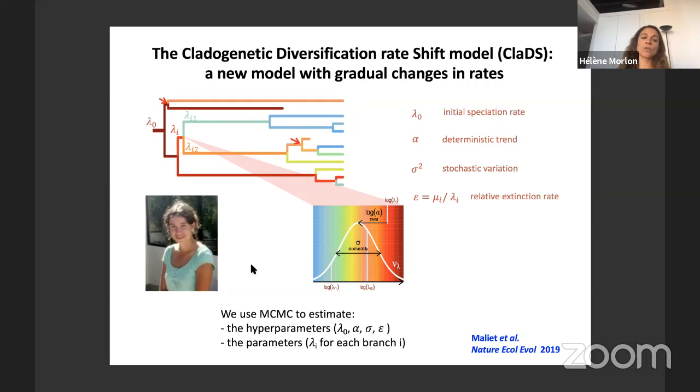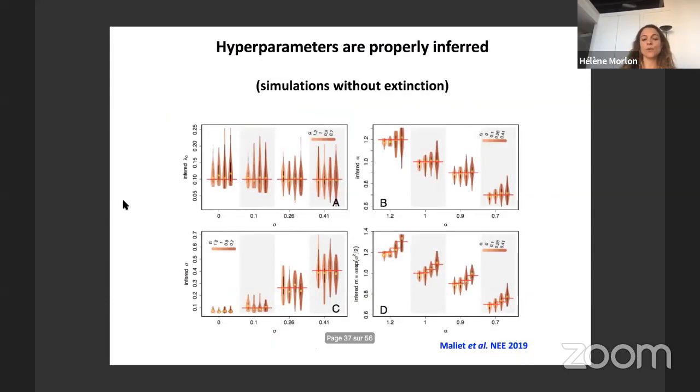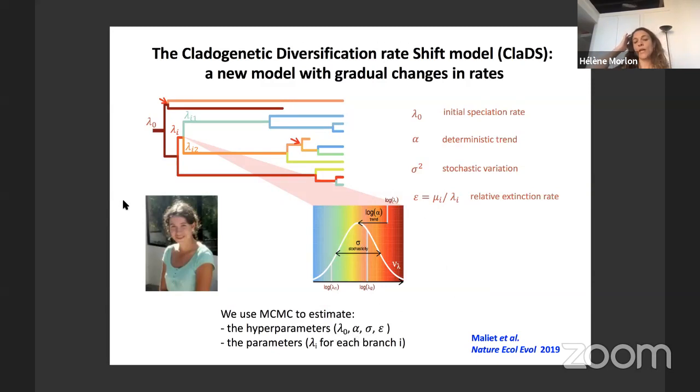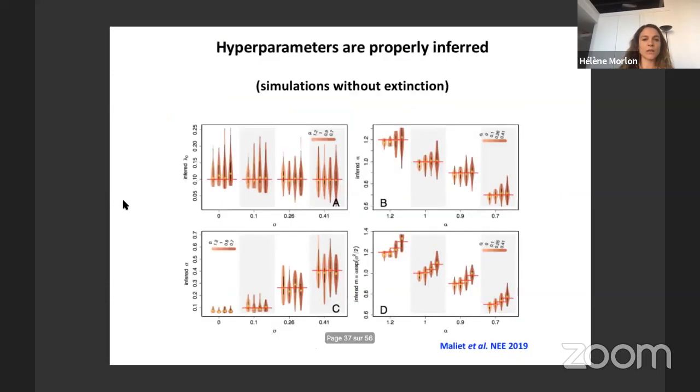And we can use MCMC to estimate these hyperparameters, but also to estimate all the parameters of the model, which are all the speciation rates for each branch in the phylogeny. And so what this gives us is the possibility, if we have a reconstructed phylogeny, to estimate branch-specific rates of speciation and extinction, which is pretty useful to the community.